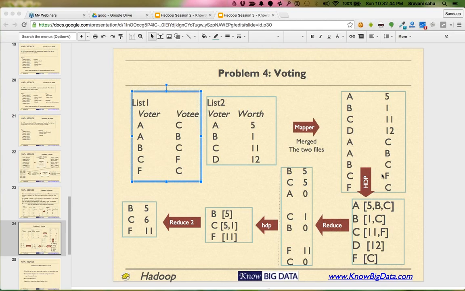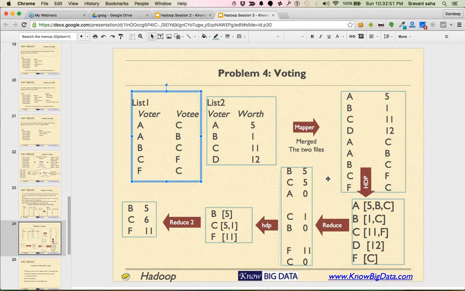Okay, so Randir's question is, so in all input files, the first word is the key? So here in your mapper logic, what you will do is read the line, identify whether it's coming from list 1 or list 2, and accordingly take the action.